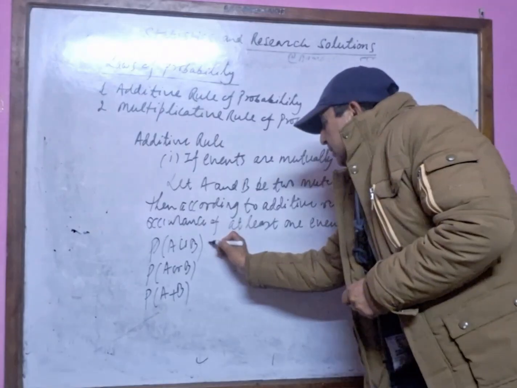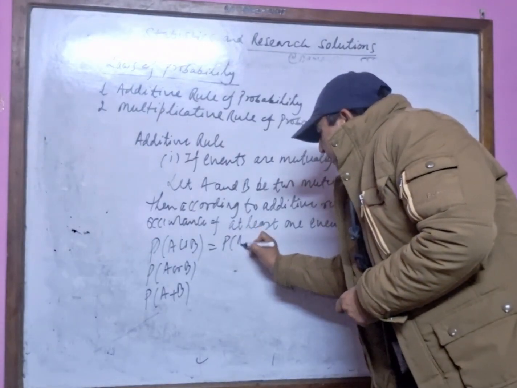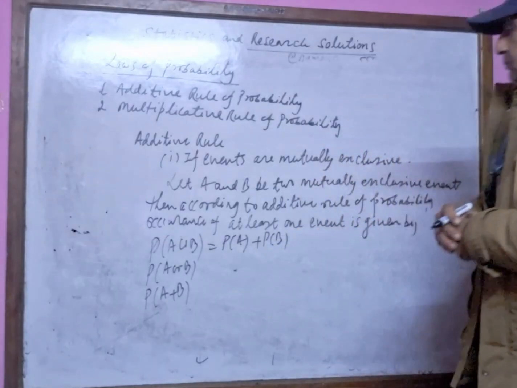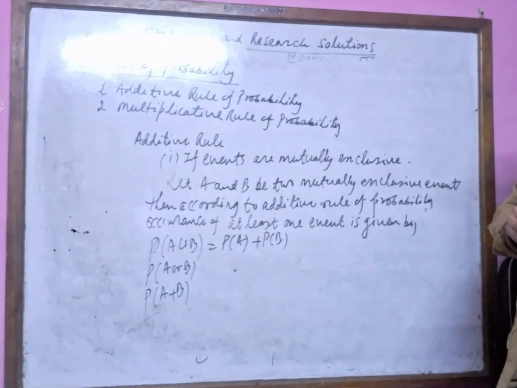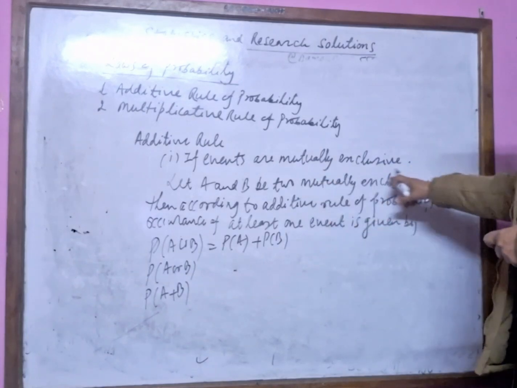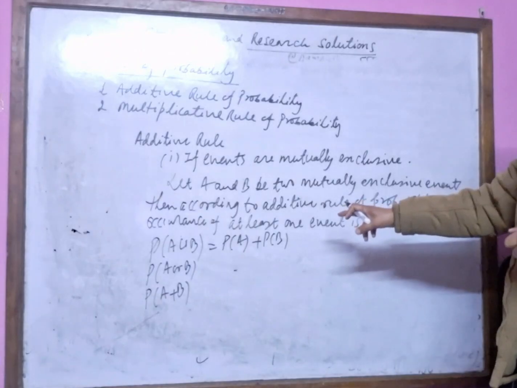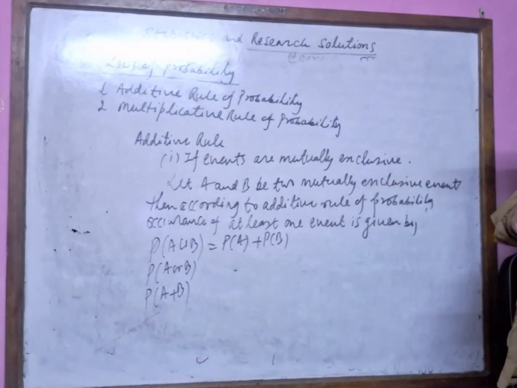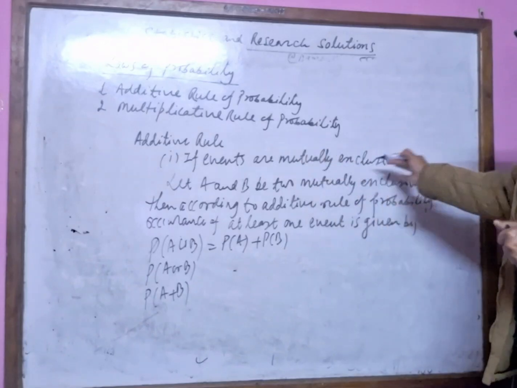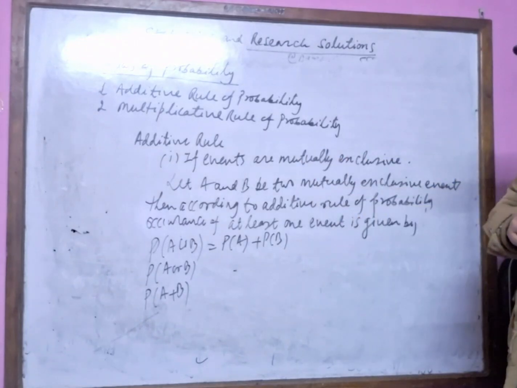Then P(A union B) is given by P(A) plus P(B), because here the cases are mutually exclusive and their common term is absent. In this way, in the case of mutually exclusive events, the additive rule is this one.